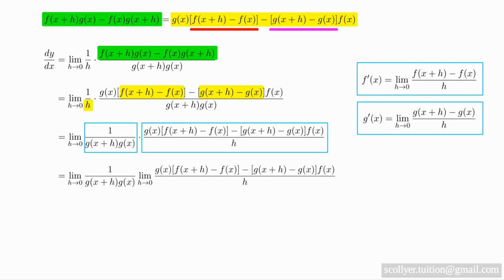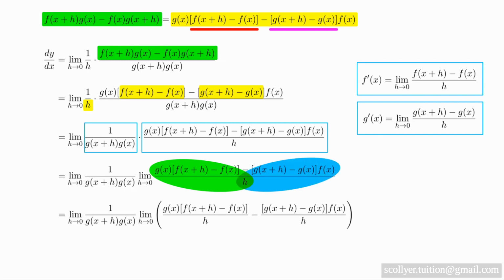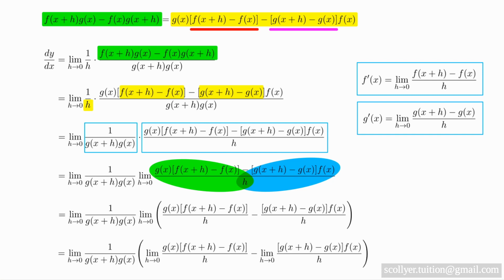And now we turn the limit of the product into the product of limits, and we decompose the fraction in the second limit as follows, to obtain the limit of the difference of two fractions. And now we turn the limit of the difference into the difference of limits, like so.